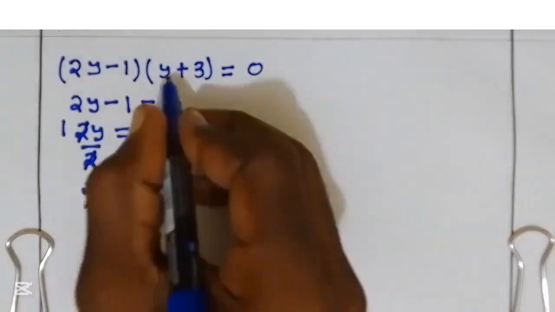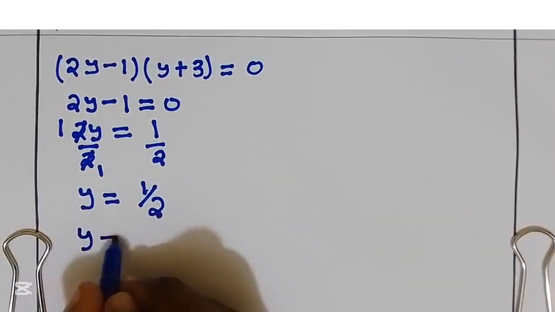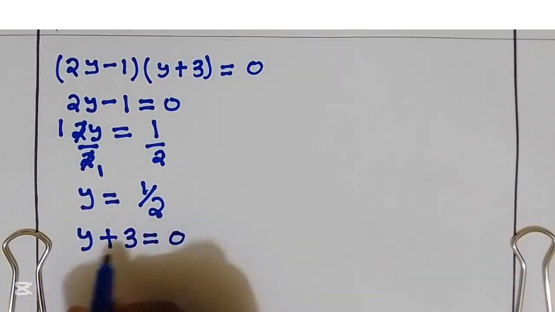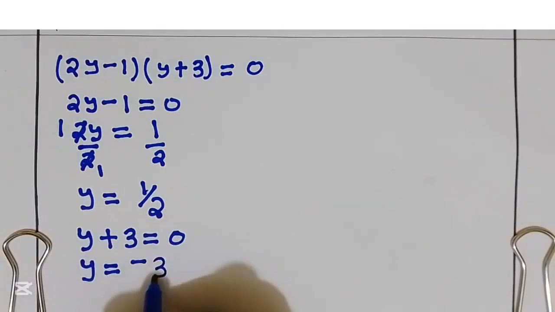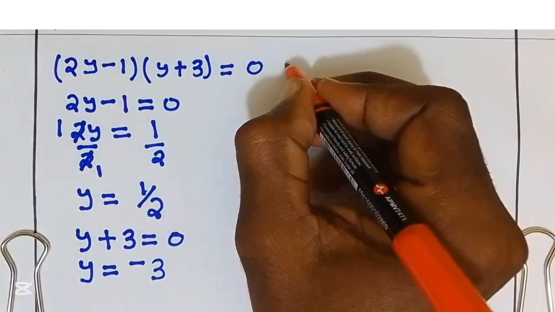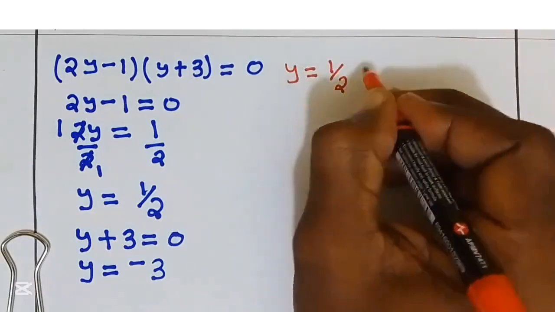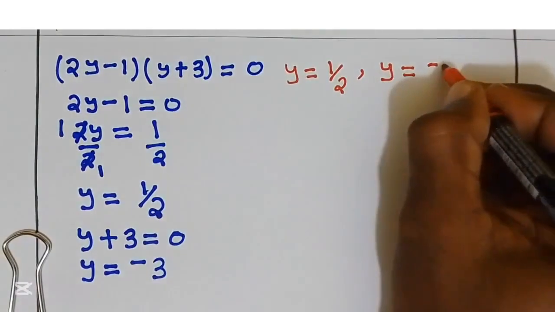And also, y plus 3 is equal to 0. Now we get y is equal to negative 3. We get the values of y: y is equal to a half, and y is equal to negative 3.